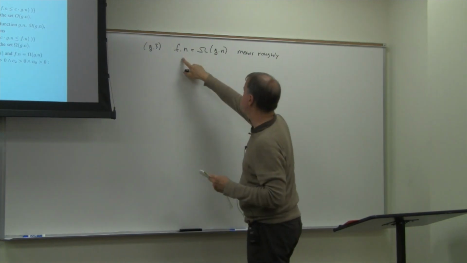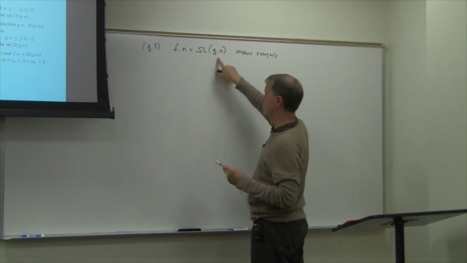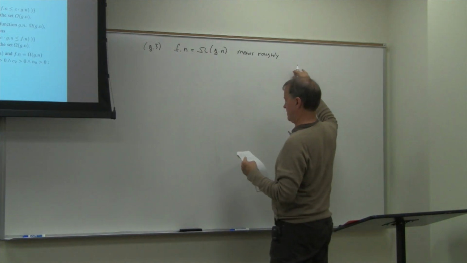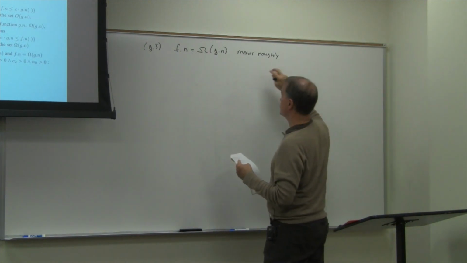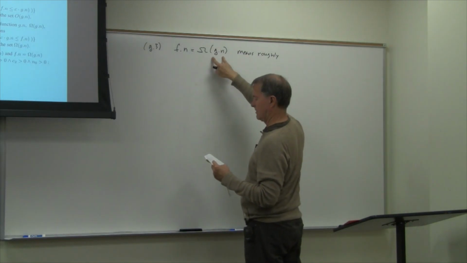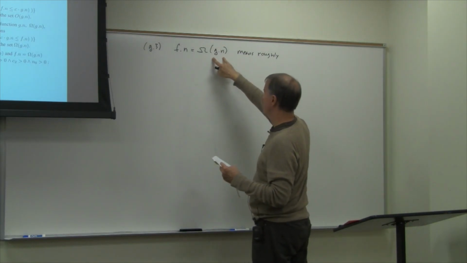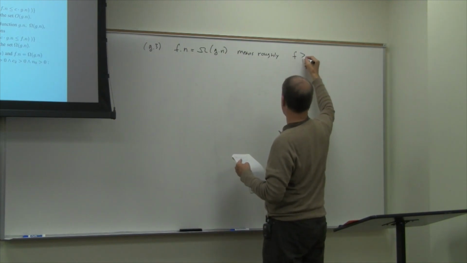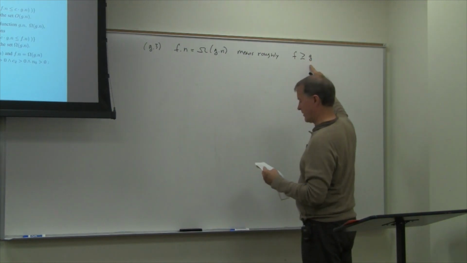So now if, instead of being bounded above, what's it bounded by? F sub n is greater than or equal to G. This is the bound. So it means roughly that F is greater than or equal to G. This is a lower bound.